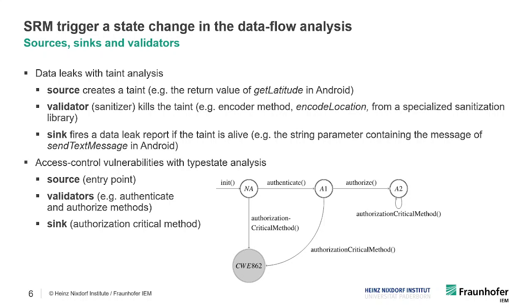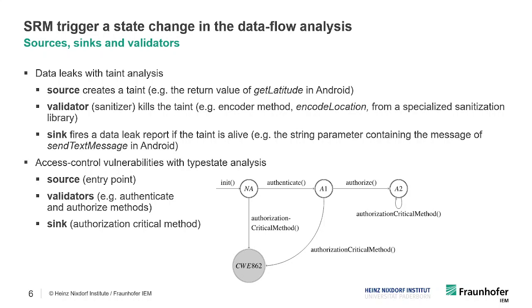Authentication means here that a user has entered the system and he or she is authenticated, while authorization means that this specific user can have access to a specific resource, or in this case we will use the notation critical method. So not every user that is authenticated may access every critical method.